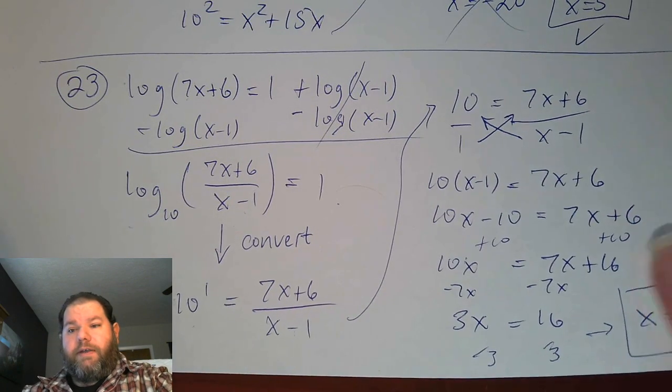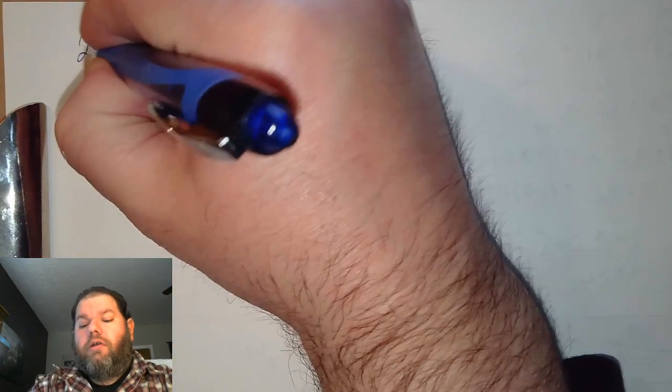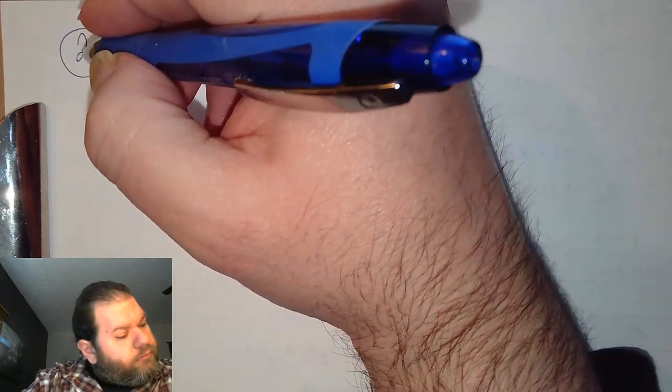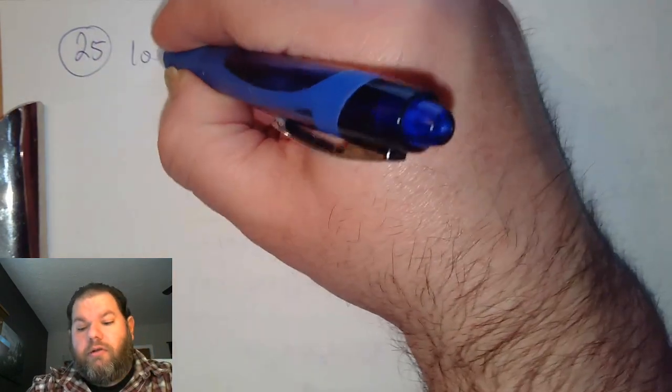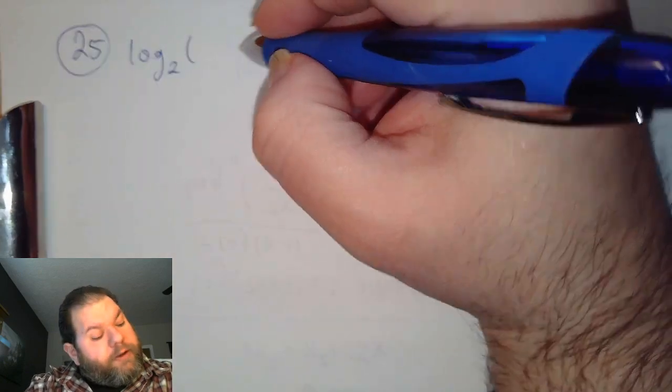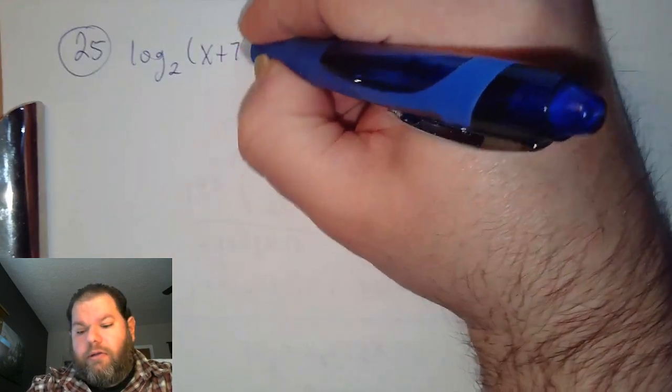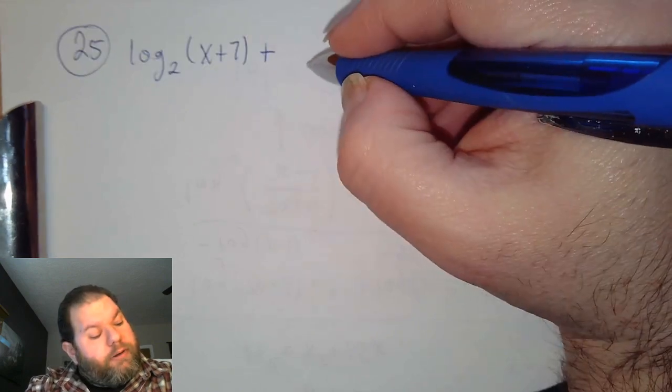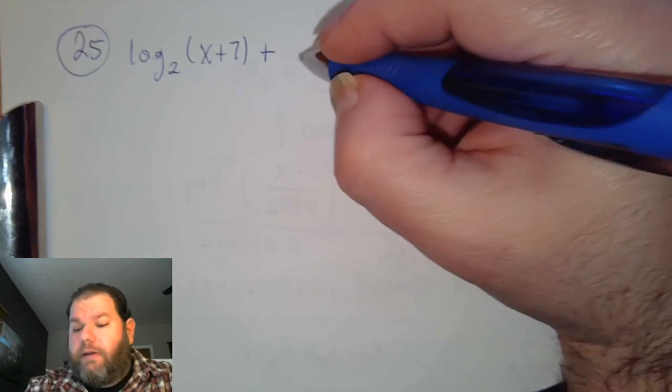Alright, 25. We have log base 2 of x plus 7 plus log base 2 of x plus 8 equals 1.